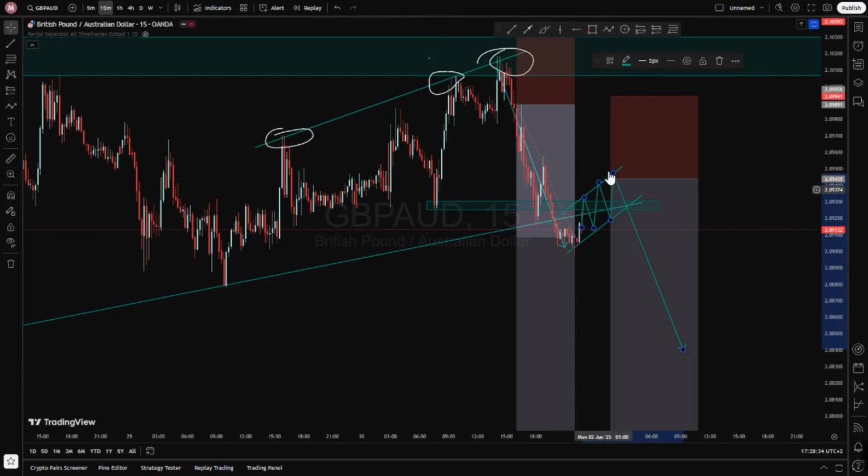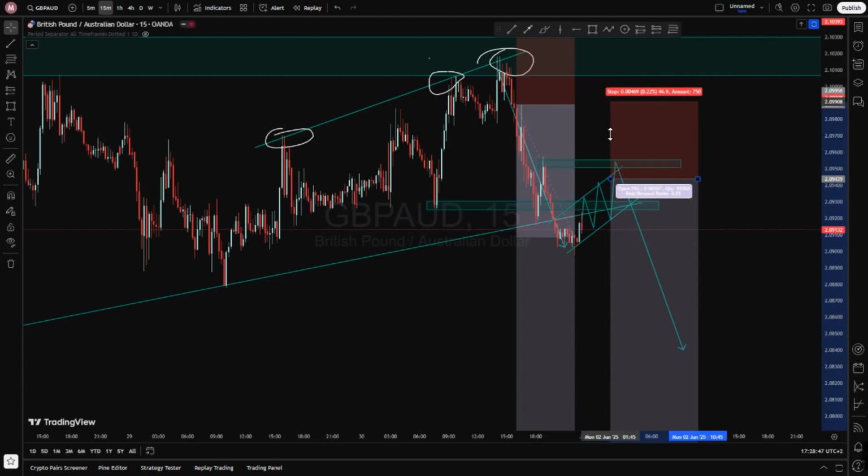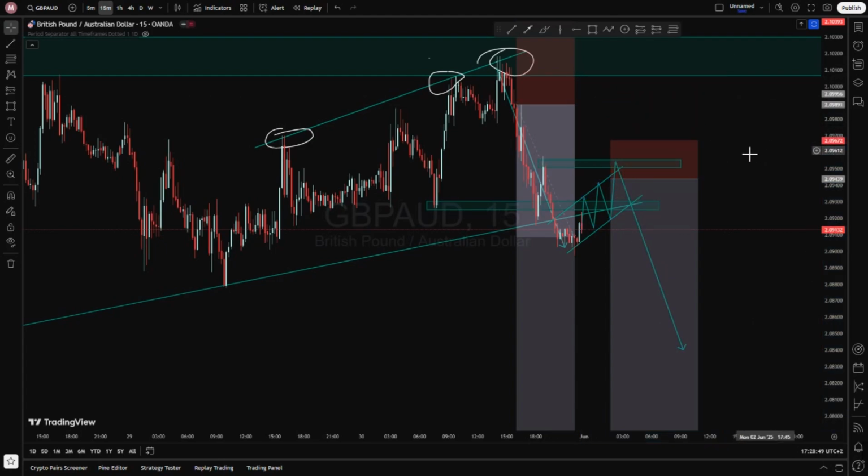If price is going up in this pattern, we might expect price to reject somewhere here and then continue going down. So this is going to be a good entry for us. But if price just aggressively starts pushing to the upside, that is a bad sign. You need to close as fast as you can and run away from this pair.